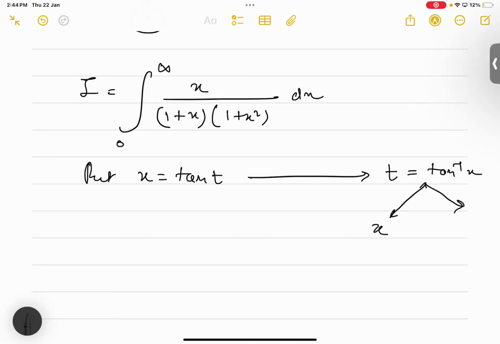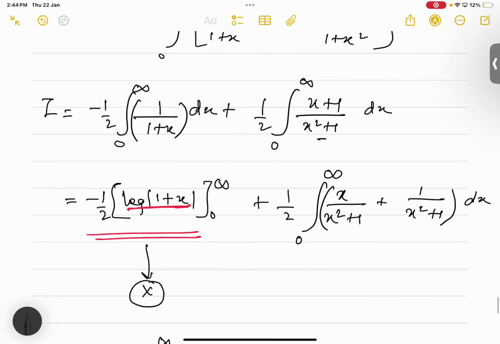You won't be able to find out. Now that depends on the paper corrector. Actually, the thing is, there is infinity now. So I think we should not have proceeded with partial fractions. In partial fractions, have we encountered problems with infinity?